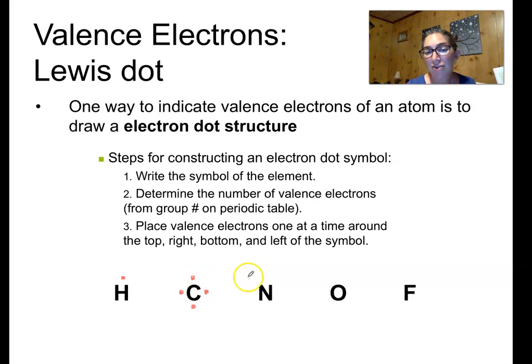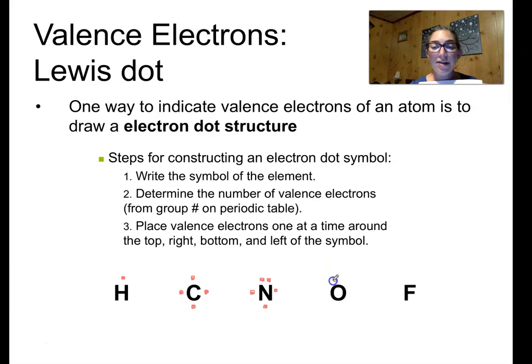So carbon's dot structure would look like that. Nitrogen's right next to it in group 5. So we're going to draw 5 valence electrons. 1, 2, 3, 4, and 5. So now I've got a pair on top here and 3 single electrons here.